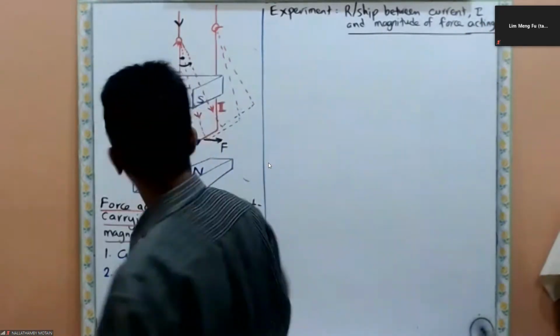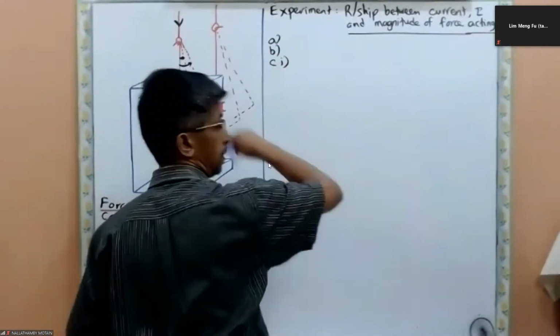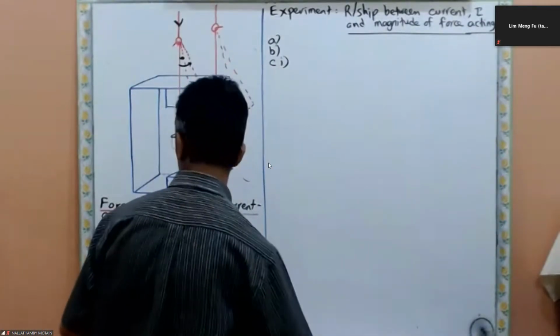As normal, A, B, C1. Leave two lines for each.